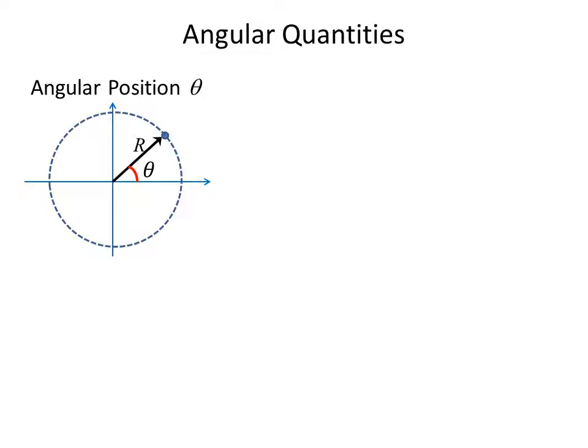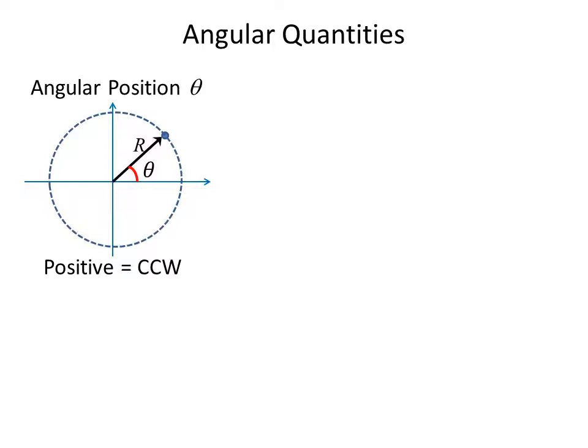We have a circle, shown by the dotted line, and a particle that's moving along the circle. The angular position of that particle on this dotted circle is measured with respect to the x-axis or the horizontal axis. So the angle between the horizontal axis and its current position is the angular position.